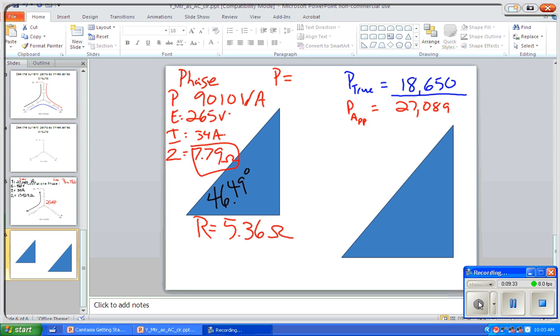That's handy. But what we really want to know is what XL do we have? And to find that, we need to take the cosine of 46.49, right? No, the sine. We need to take the sine because the sine is opposite over hypotenuse, and if we multiply by the hypotenuse, we'll have the opposite left over, right?